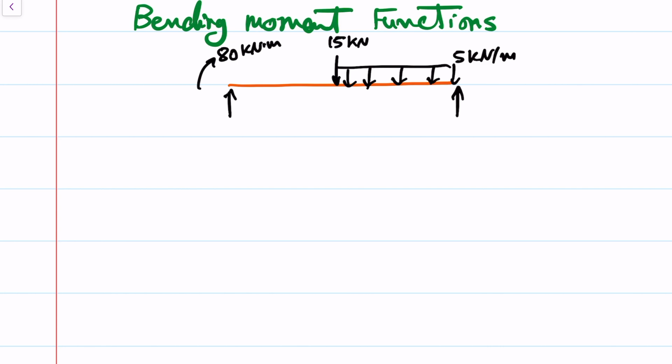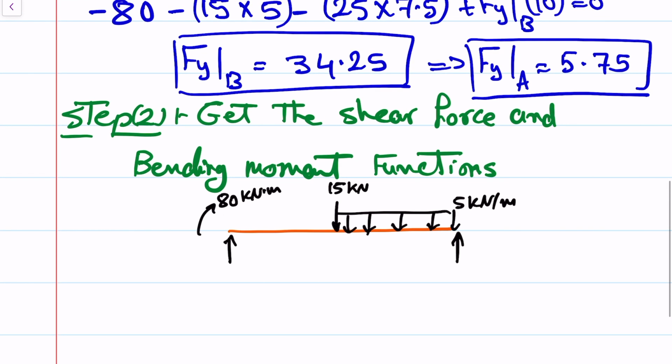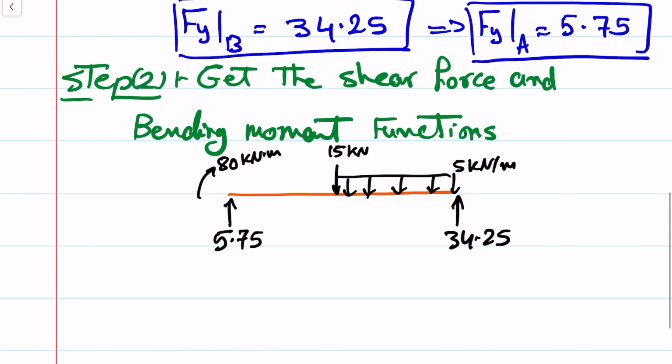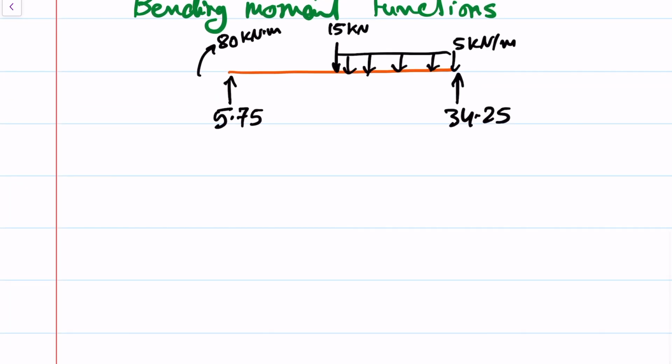We have 2 support reactions, here at A it's 5.75, and 34.25. Okay, so in this case we need to do 2 cuts. Here will be cut 1, and here will be cut 2.